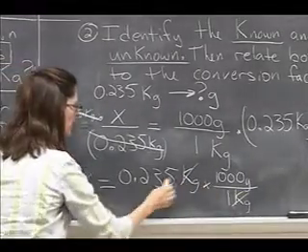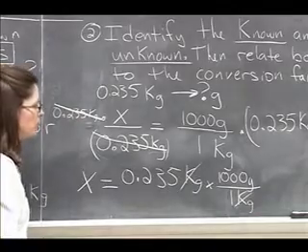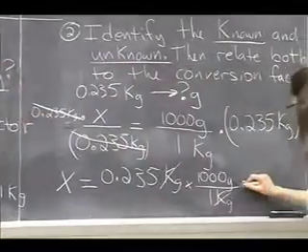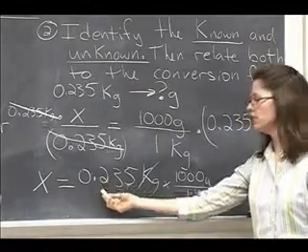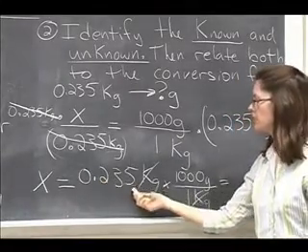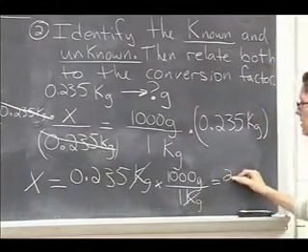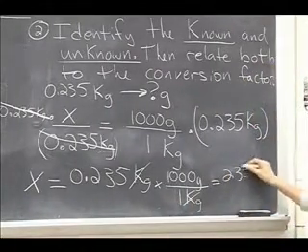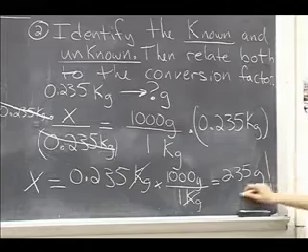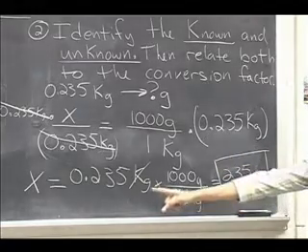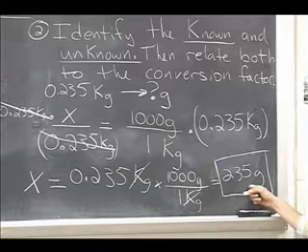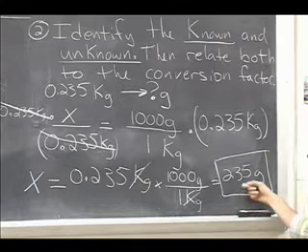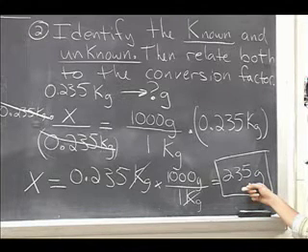So we're going to take 1,000 times 0.235. All we're doing is, when we're multiplying this number by 1,000, we're just moving the decimal place over 3 times to the right. And now we have our answer. We've solved for x, which is the number of grams in 0.235 kilograms. So this is one way that we can solve this problem.